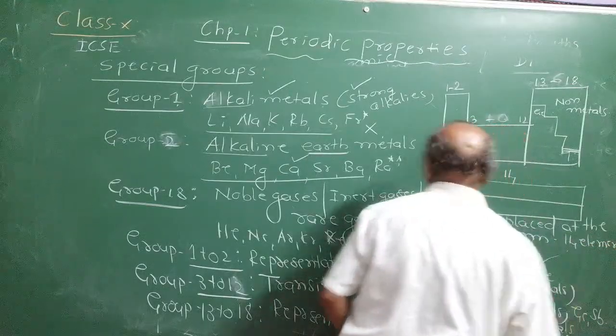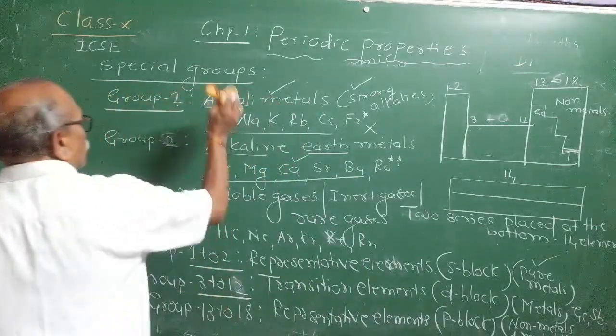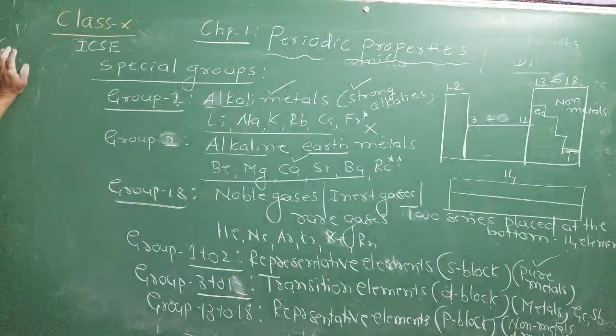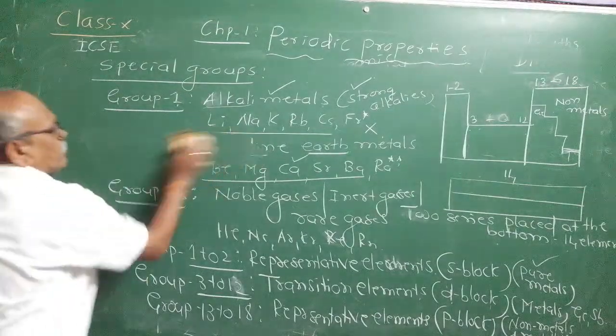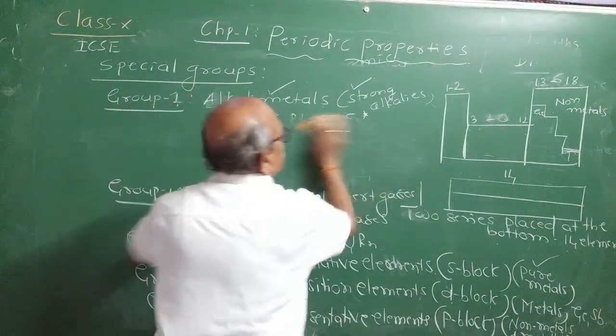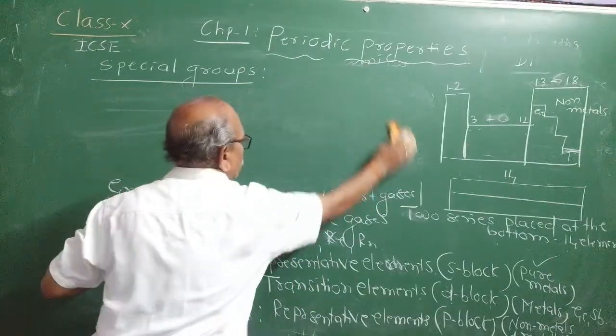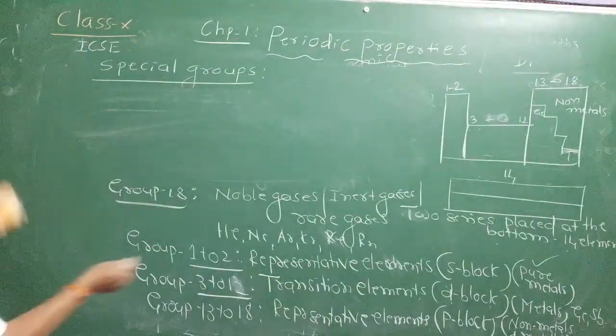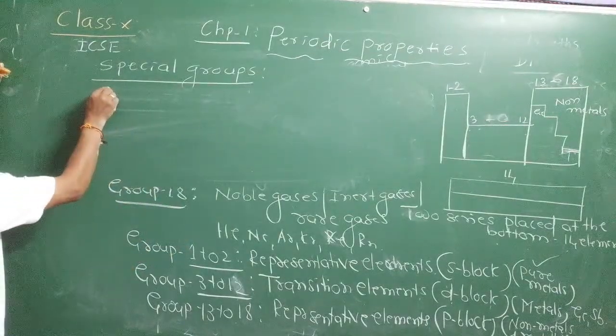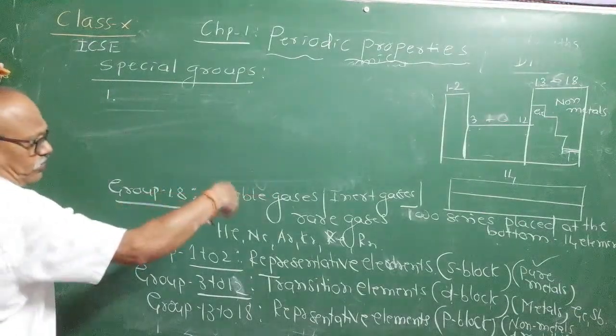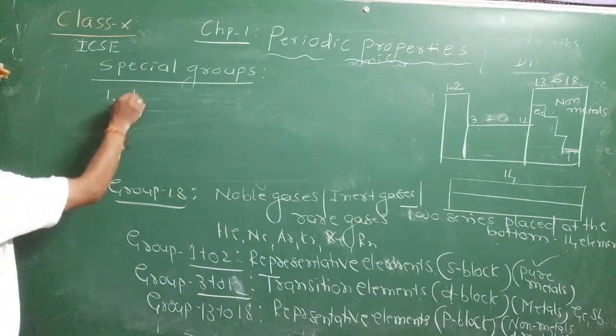Some facts about the periodic table you remember. On these facts you may be asked questions, reasonings, why they have identical chemical properties, name the elements. They consist of two horizontal rows of 14 elements.